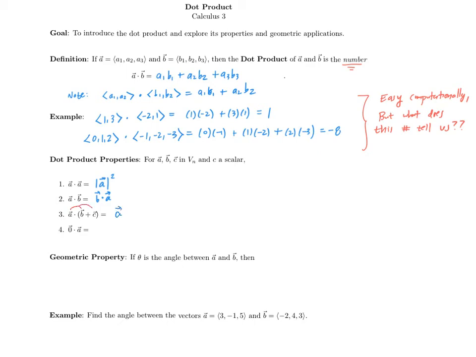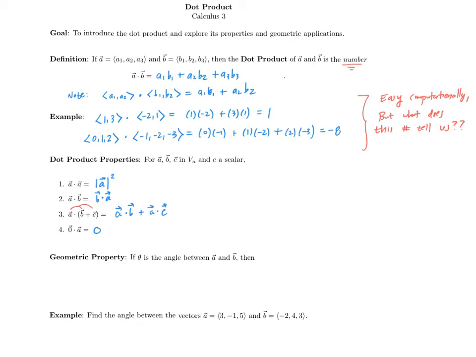That is, we could write this as A dotted with B plus A dotted with C. And the 0 vector dotted with any vector should be the number 0. We will think of these as the basic properties of the dot product, and whenever we encounter them moving forward, we will use them freely without justification.